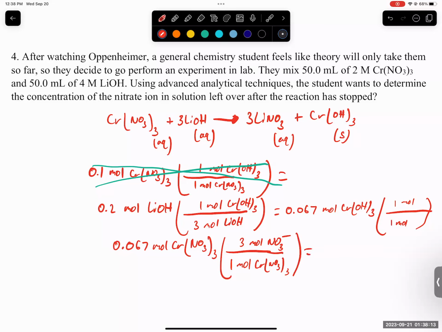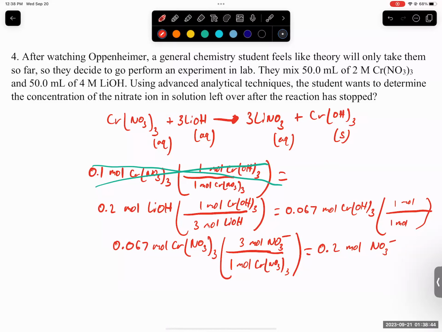When we do that, we get 0.2 moles. So 0.2 moles of the nitrate ion, NO3 minus.